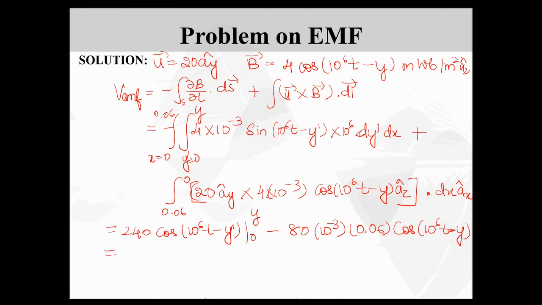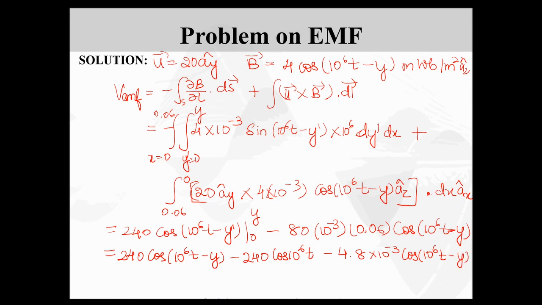This is equal to 240 cos 10 raised to 6 t minus y minus 240 into cos 10 power 6 t minus y times 4.8 into 10 power minus 3 cos 10 power 6 t minus y.